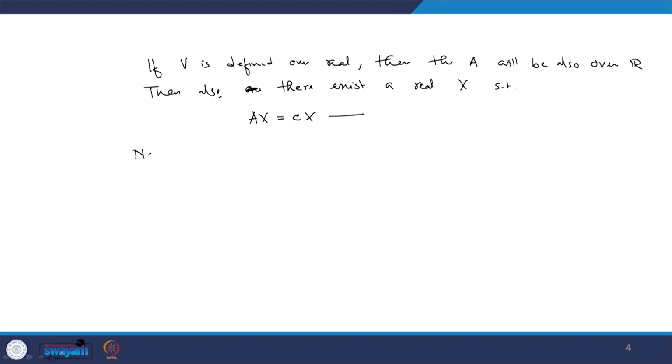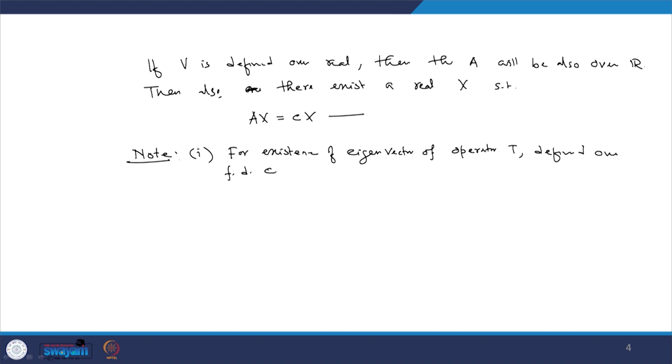Let me point out 3 more important observations in this proof. First is, the existence of an eigenvector of an operator T defined over a finite dimensional complex inner product space does not depend on the characteristic of T, that is, T being self-adjoint.